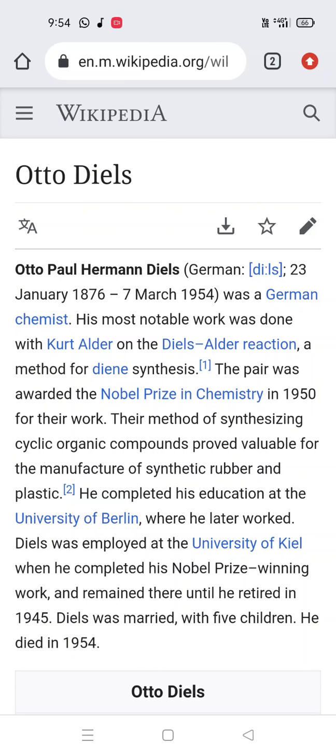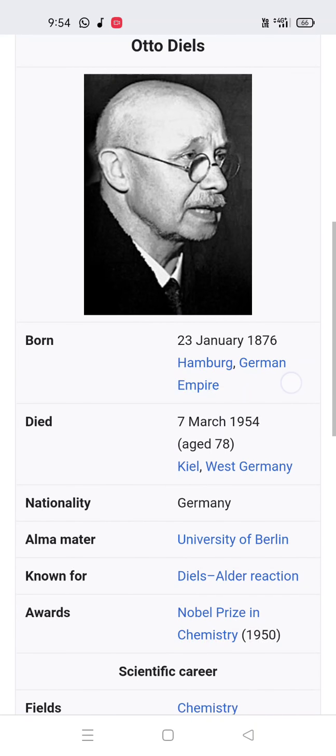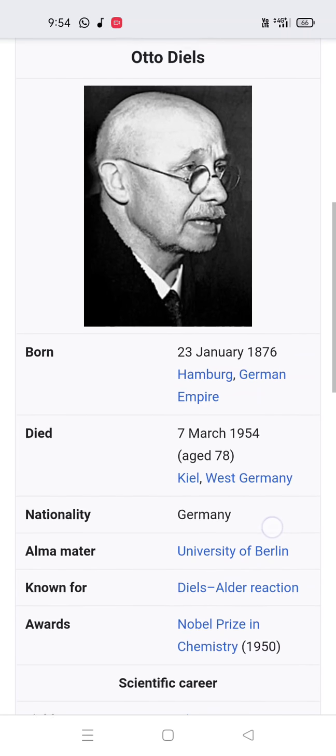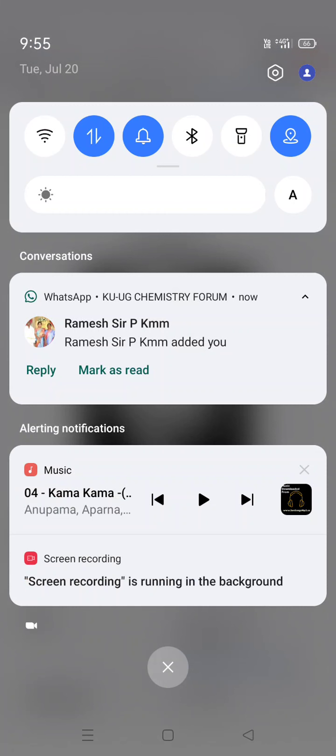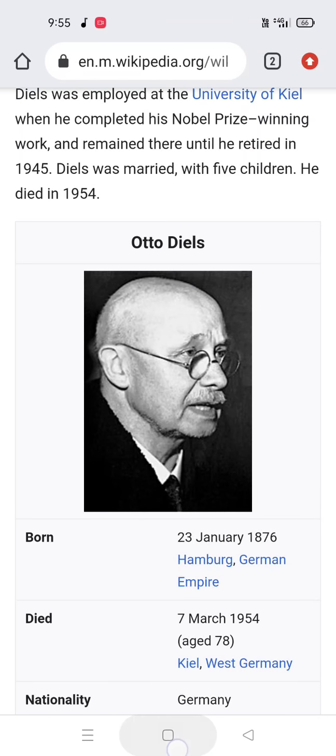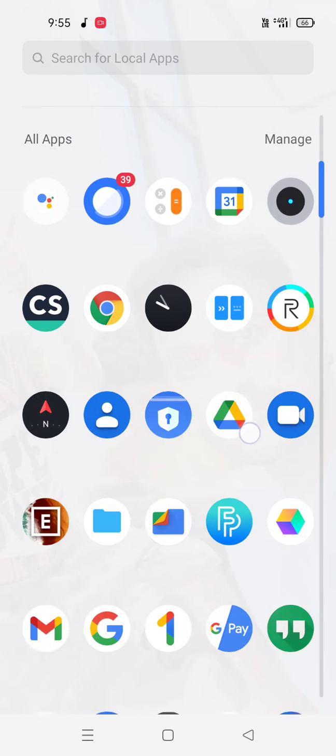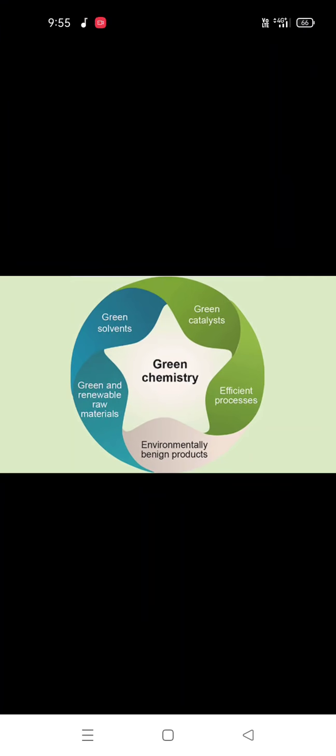Otto Hermann Diels was a principal scientist. His student Kurt Alder and he both developed the Diels-Alder reaction in 1950. They got the Nobel Prize for this reaction.